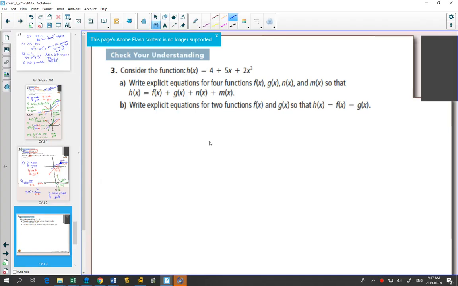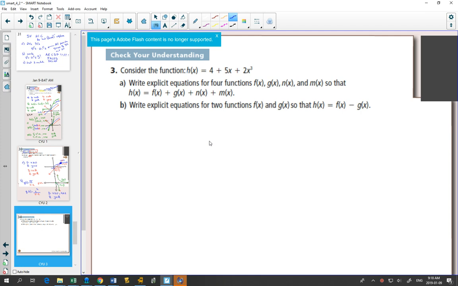Okay, so we go from questions 1 and 2 involving a lot of thinking, a lot of connections between other units and piecewise functions and domain and range, to question 3 where it's kind of silly. Okay? Very rarely will they ask you to do a question like this.